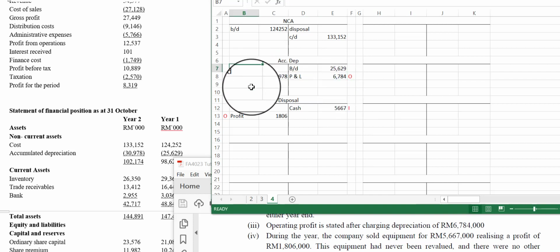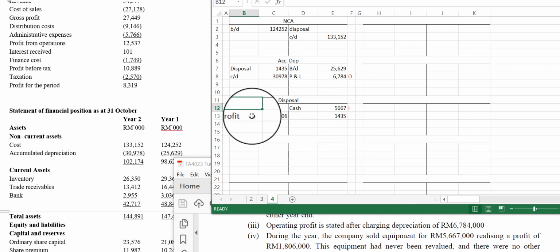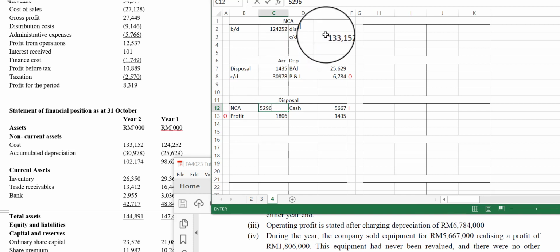Now you have a disposal figure. This is a balancing figure, which should be 1,435 after you minus off the figure. Then you should be able to get the balancing figure from here. Disposal, you have 5,296.